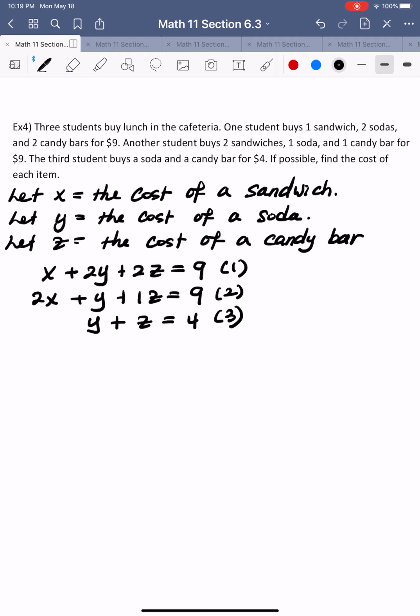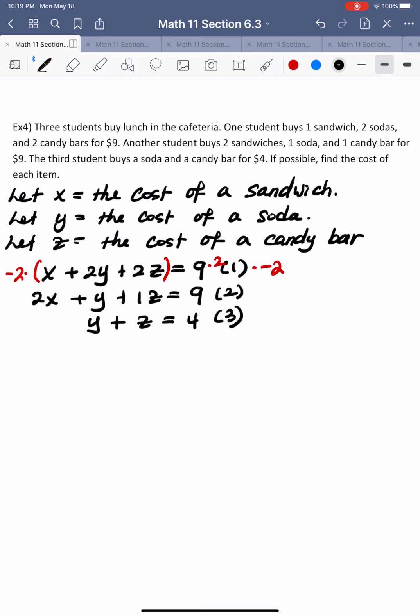I want to eliminate the x to use the y plus z, which is equation 3, to combine them together, okay? So what I want to do is, I think I want to multiply negative 2 to equation 1, which means if you multiply negative 2 here, and then they'll eliminate the x terms, okay?